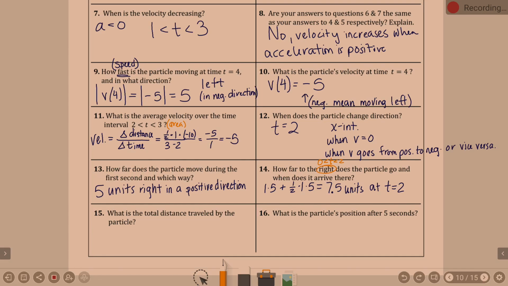15. What is the total distance traveled by the particle? Total distance traveled by the particle. Well, what do we already know? We already know this.